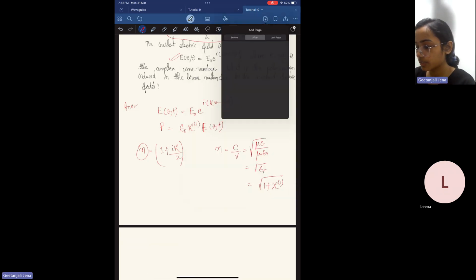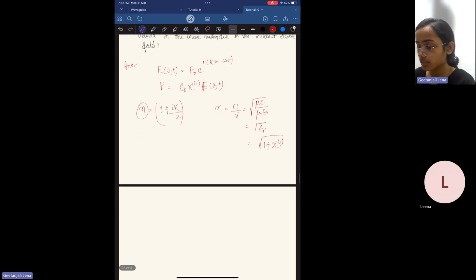So this is the relation between the refractive index and the susceptibility. We know the refractive index, so we can easily calculate chi 1 here. n is the square root of 1 plus chi 1, equal to 1 plus ik by 2. If you take the squares on both sides, this will be 1 plus chi 1, and the right side will be 1 minus k square by 4 plus ik.